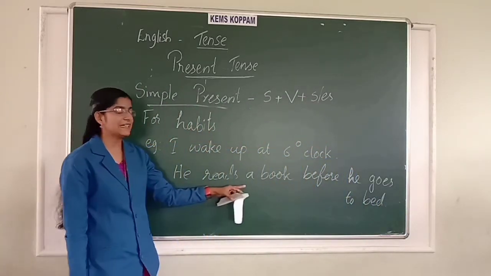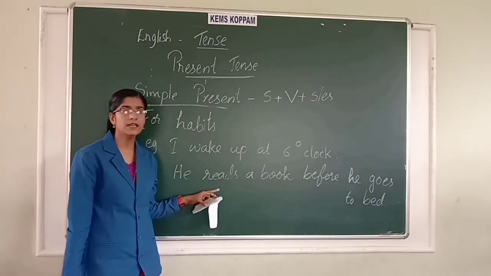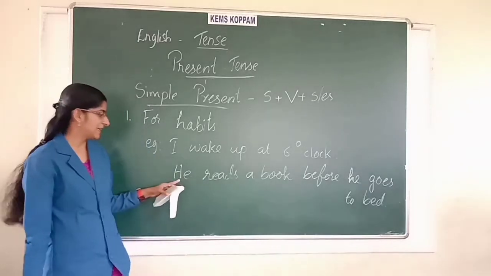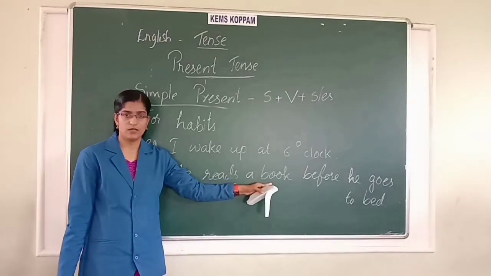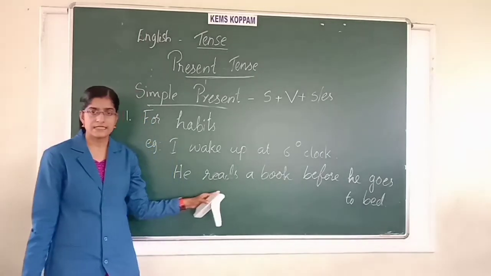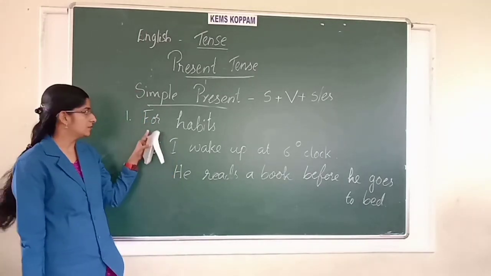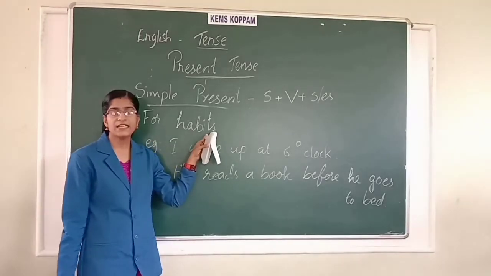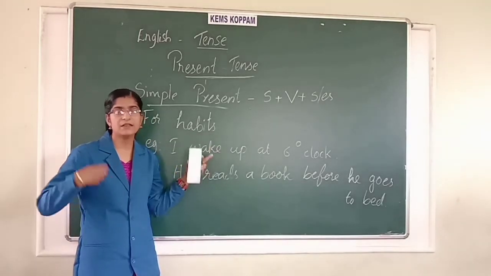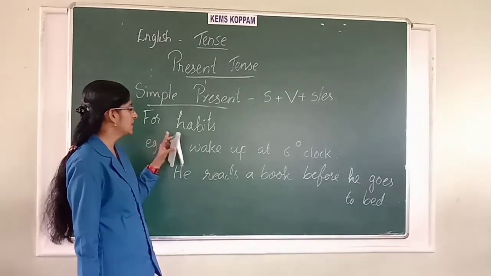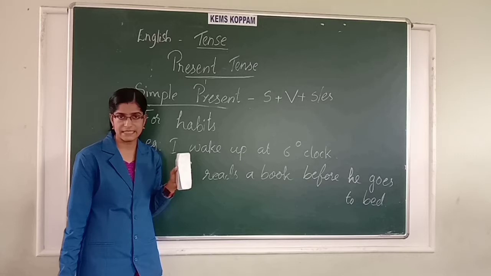Every day before he goes to sleep, he reads a book. It is his habit. Every day he does that. Clear? So for habits also we can use it, because we are doing it daily. It becomes our habit. In order to say our habits, we can use simple present tense.